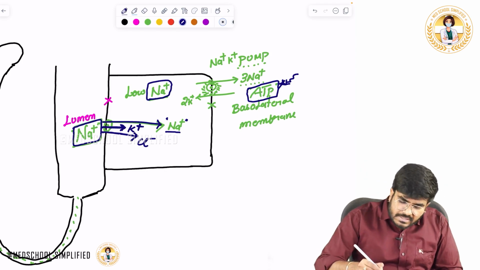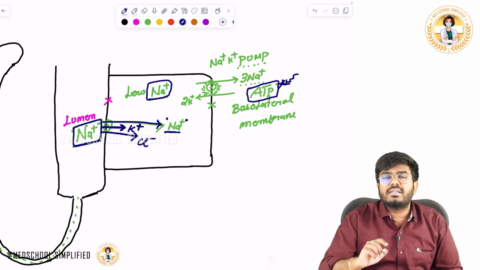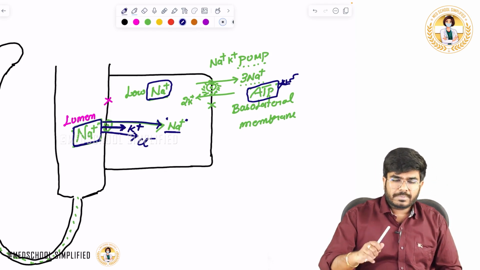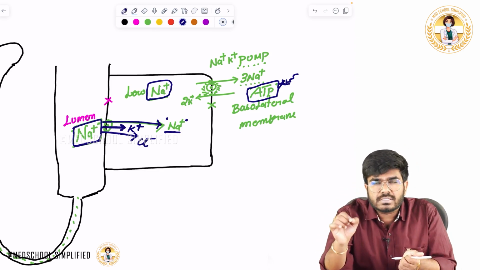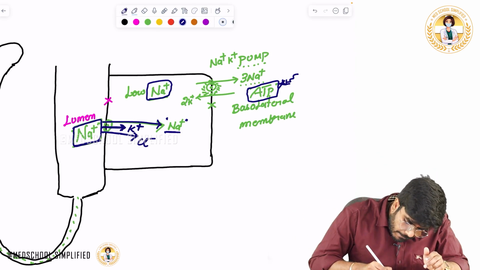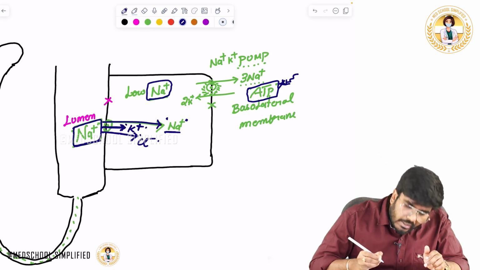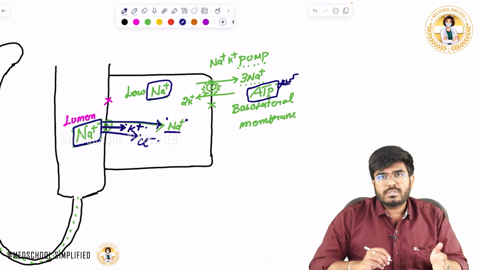When a substance is moving from high concentration to low concentration, it releases energy. With this drag, the sodium will pull the potassium and chloride. They are actually moving against the concentration gradient.